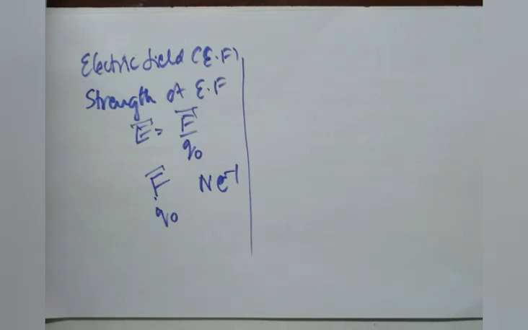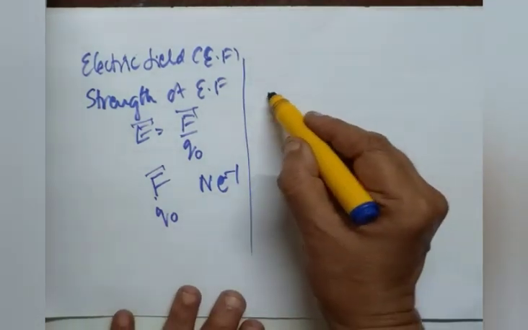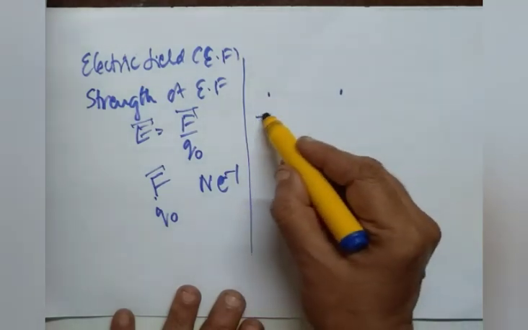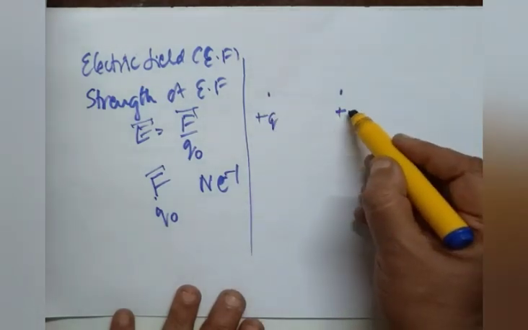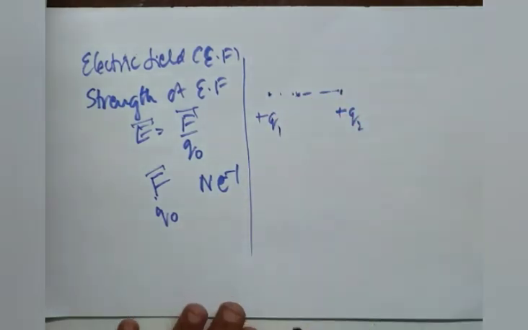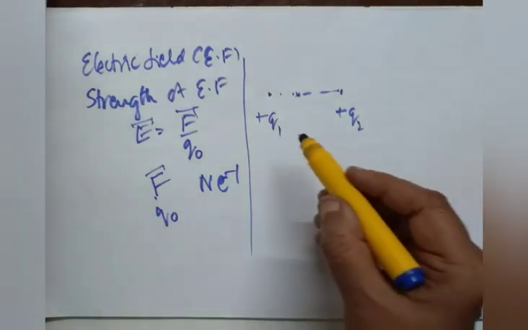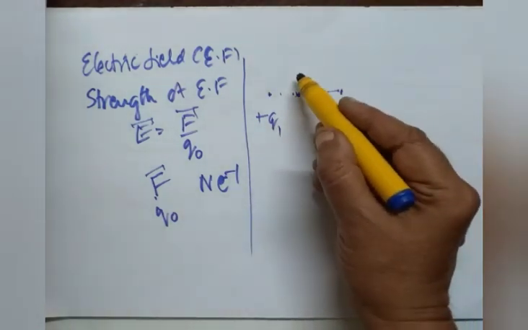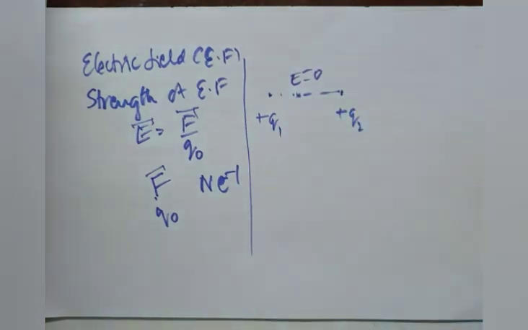Or we can think of electric field intensity at a point as the force acting on a unit positive charge placed at that point. And as electric field intensity is force on unit positive charge, the principle of superposition is valid here also. And one more idea: if there are two charges, one plus and another also plus, then there exists a point on the line joining the charges, in between them, where the net electric field intensity becomes zero.